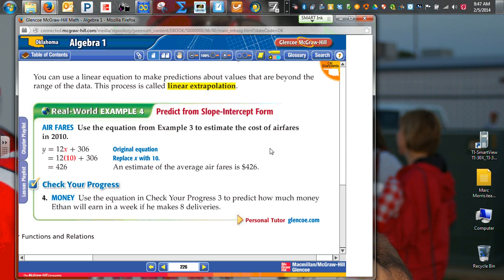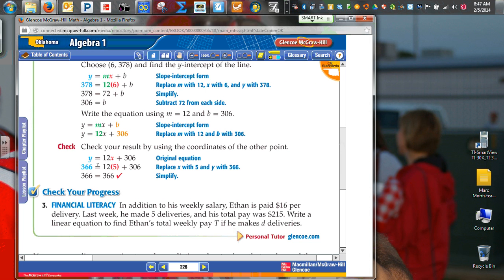You're right in the middle of example 3. You guys see it? Right there. Replace 12 with N and B with what? 306. So what is B? It's our starting pair, right?